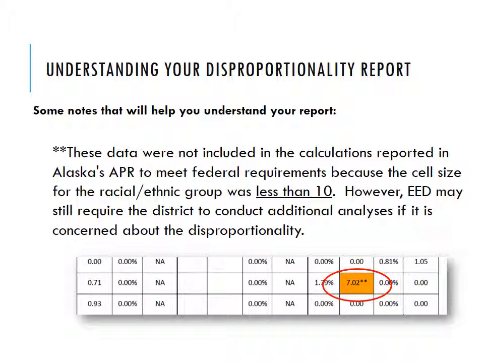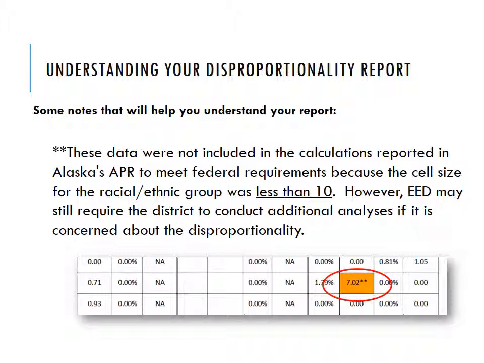So here's an additional note to help you understand your report. As you're going through and looking at the different boxes that have highlights in them, you may notice that some boxes include 2 asterisks. What that means is the population used in that calculation was less than 10 students.